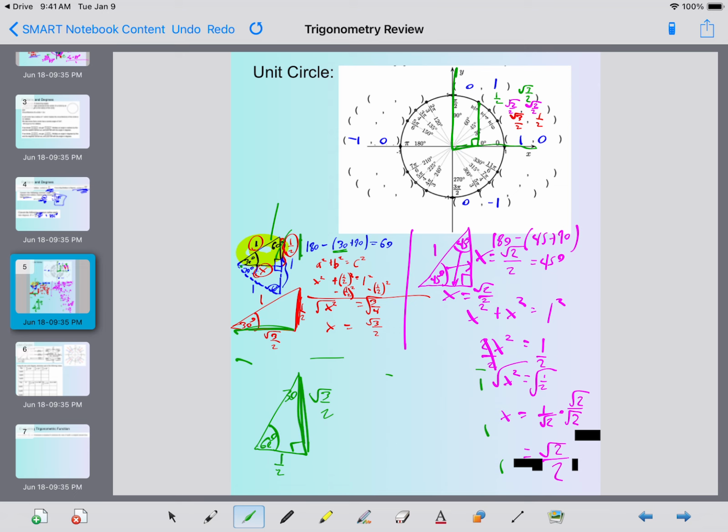And then you could start making your reflections, right? Again, this is the same y value, so the y value stays the same. This is going to be the same distance, but because it's on the left side, it's going to be negative. So you negate the x.